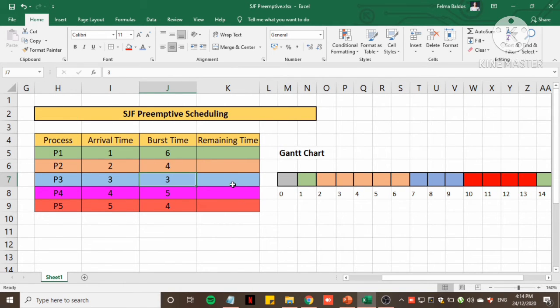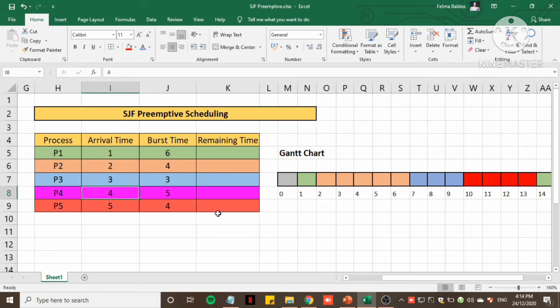And then P4, even though it arrived at time 4, P3 still has a smaller burst time than it. So P3 continued its execution rather than P4.